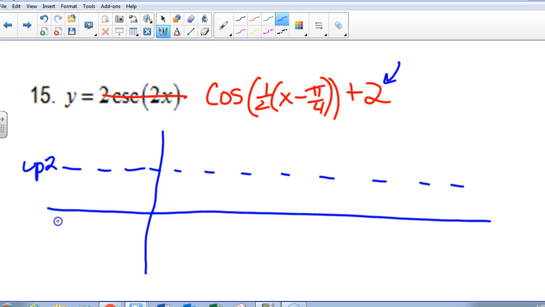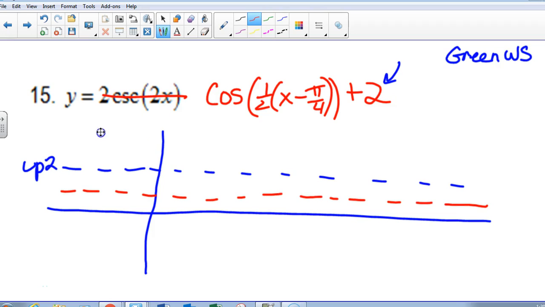The line y equals 2. Amplitude is just 1, so it only goes down to 1 and up to 3. There is a phase shift to the right, pi over 4.